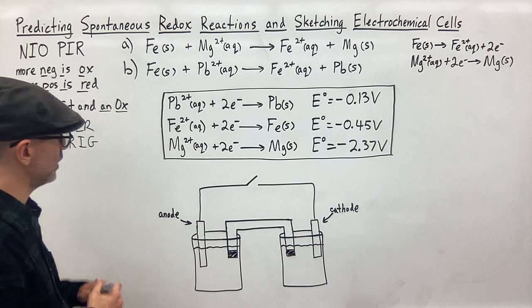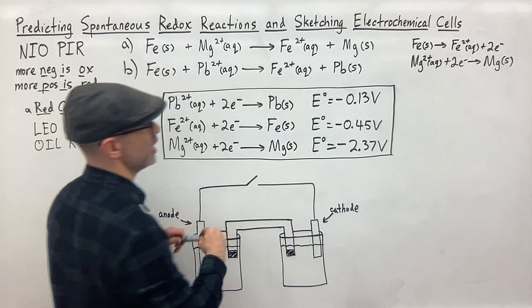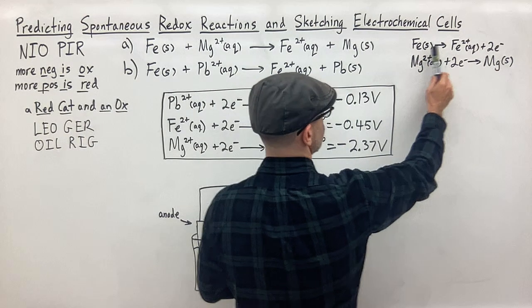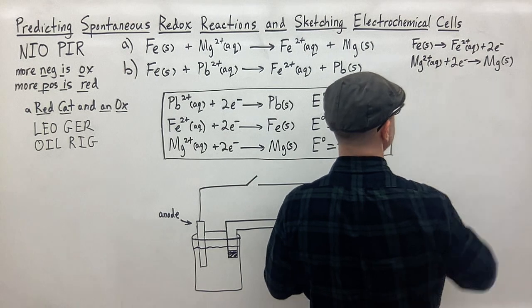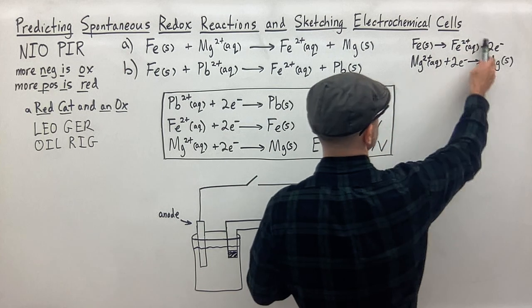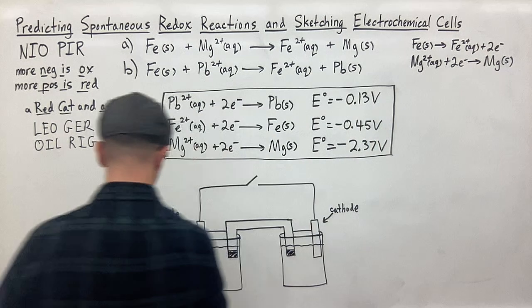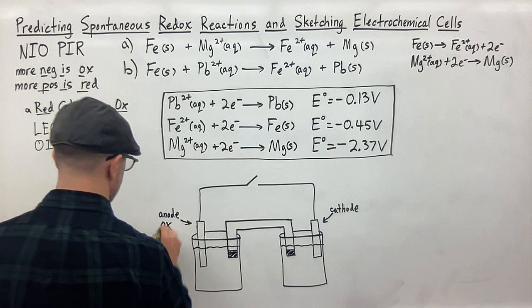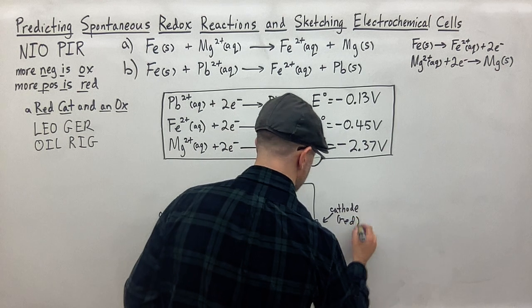So if we write our cell according to this equation here, this is iron giving away the electrons, right? So this is undergoing oxidation. Oxidation happens at the anode, cathode, reduction.